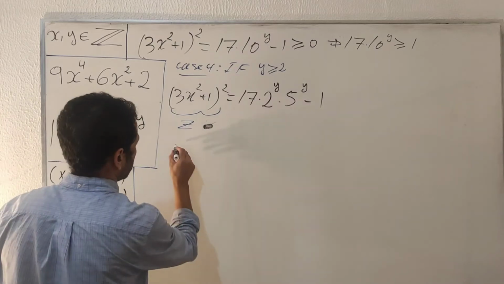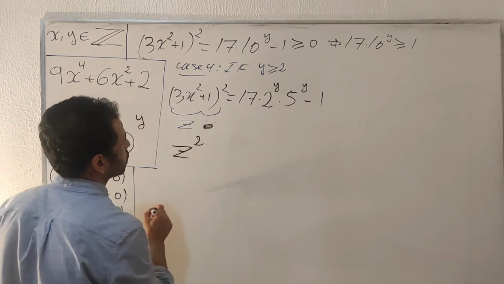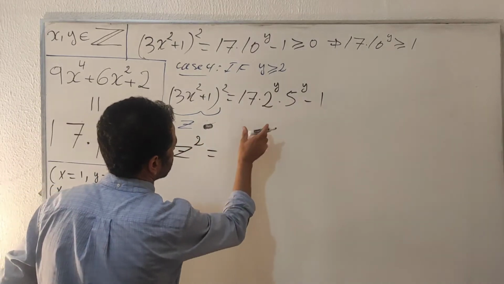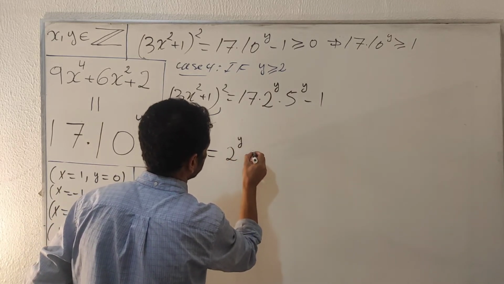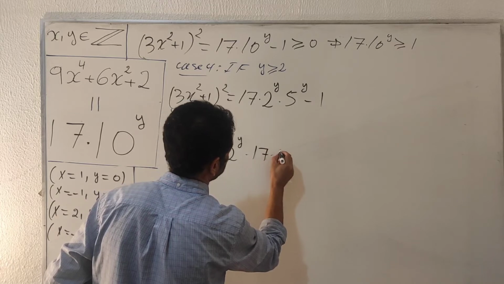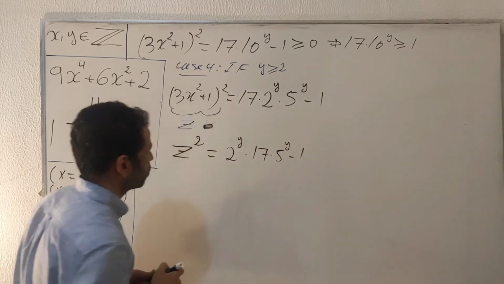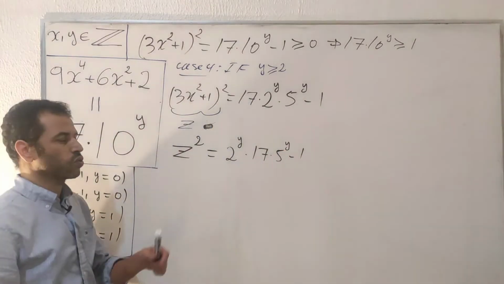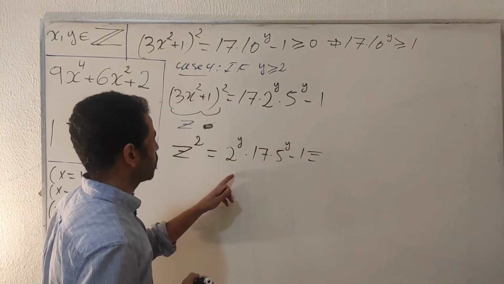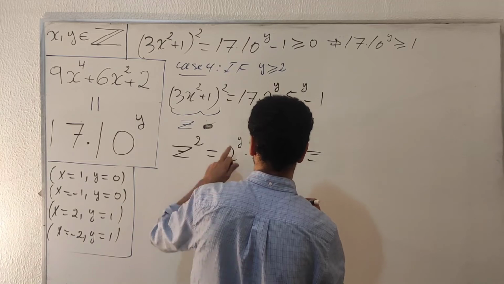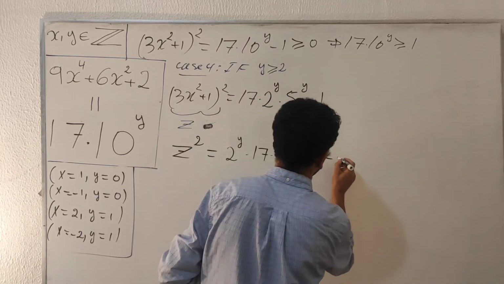So we get the following: z squared equals 2 to the y multiplied by 17 multiplied by 5 to the y, minus 1. Let's reduce this to mod 4. If I do that, this will be congruent to minus 1 mod 4.